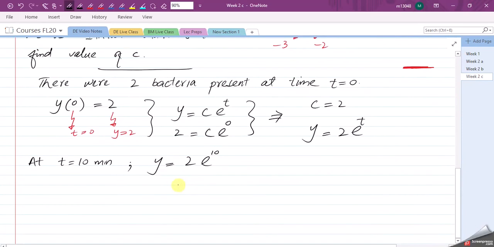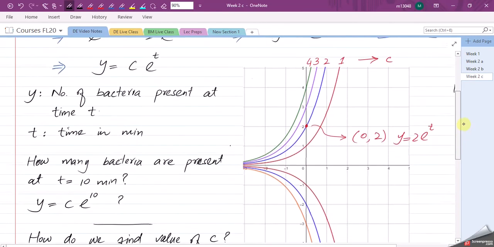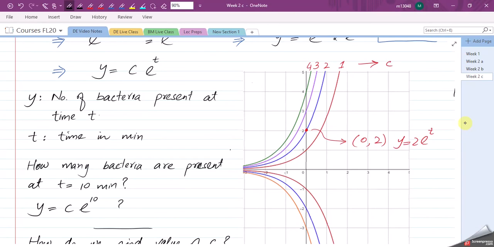Just to see this, before I go to another initial condition, let me show you this thing in the graph. From here, we can make infinitely many functions because c is a real number and there are infinitely many possibilities.